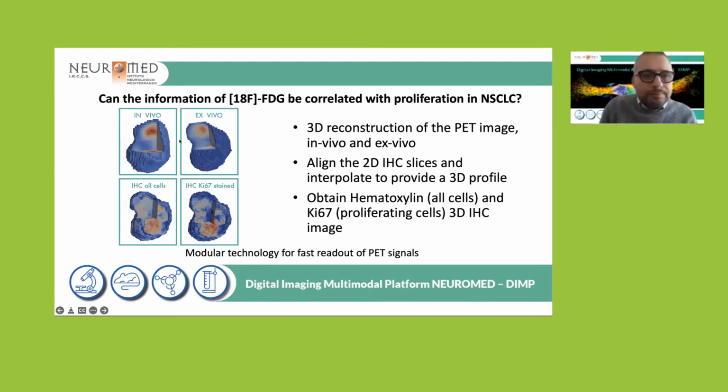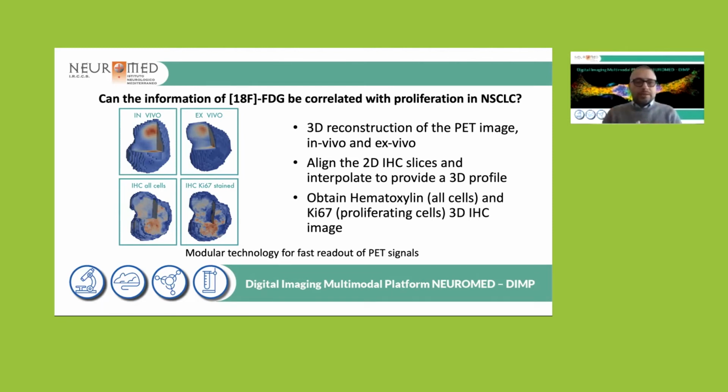Why did we need the ex vivo? When we develop a model, we would like to be sure that even if we develop a segmentation, that segmentation is correctly following the expectation of the truth. So you would like to have a truth. Then there is the immunohistochemical analysis. We obtained hematoxylin, showing all cells distribution, and Ki67, showing highly proliferating cells.